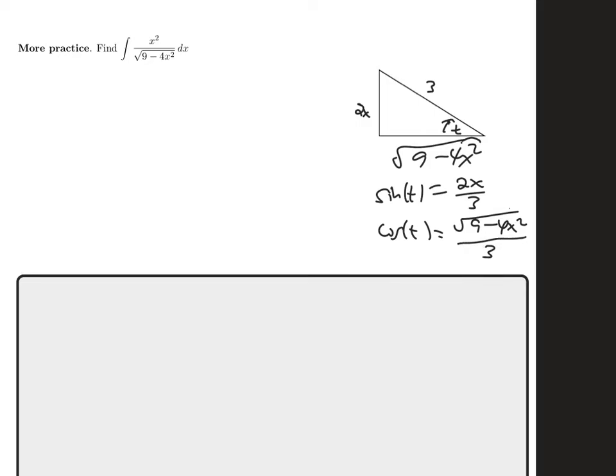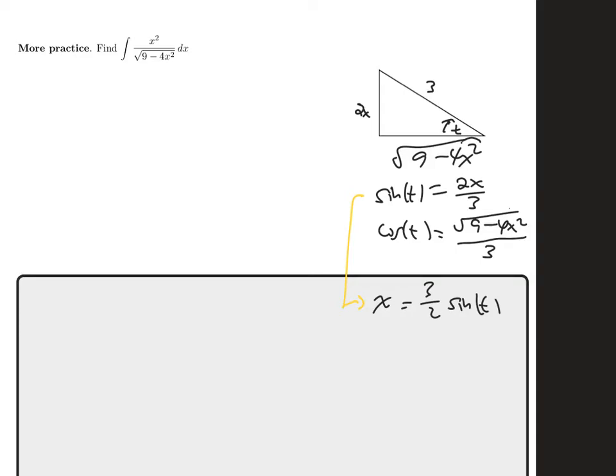Now to do a substitution in an integral, I need to know how to change x's into t's and how to change dx's into dt's. So I'll do the same thing I did last time. I'll take the first equation and I'll rewrite that so that it is in terms of x. So I'm solving the first equation here for x. So x is 3/2 sine of t.